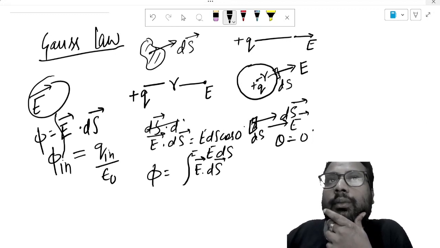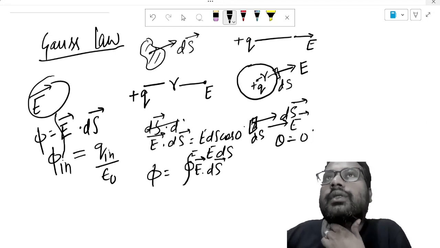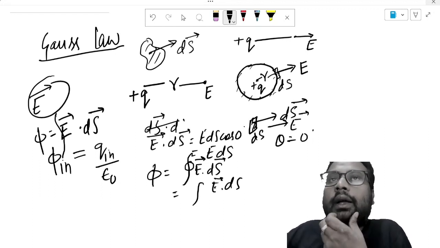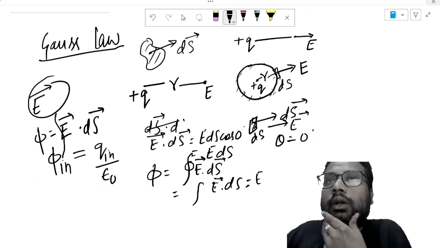To calculate the complete flux across this whole surface, we need to calculate across the whole area. This will be integral of E dot ds, which will be equal to E into, E is constant, so it will be E ds.